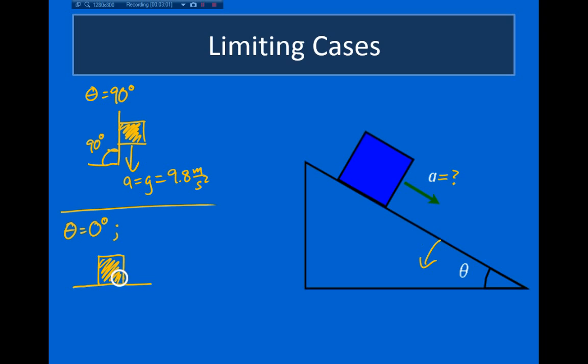And in this case, obviously, the acceleration is going to be 0 meters per second squared, right? The box isn't moving anywhere. It's on a flat surface. It's on a table. So these are our two limiting cases. They're the extreme cases where we already know what the answer is going to be without doing any calculations.